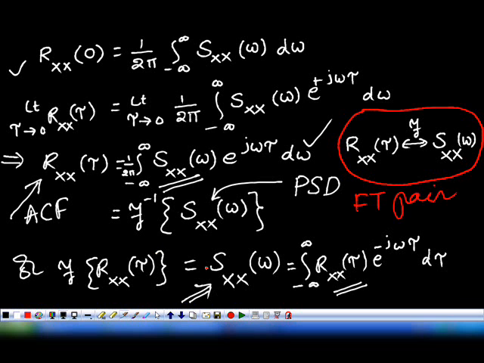So this relation is the well-known Wiener-Khinchin relation. That is the relationship between the autocorrelation function and the power spectral density.